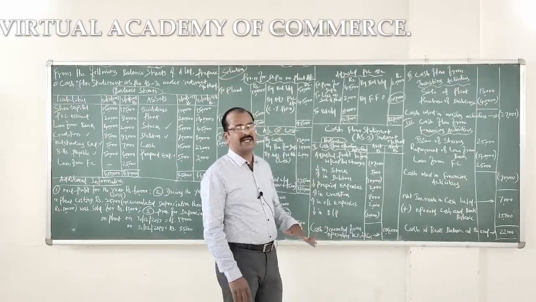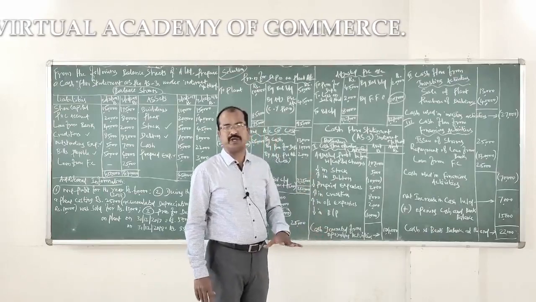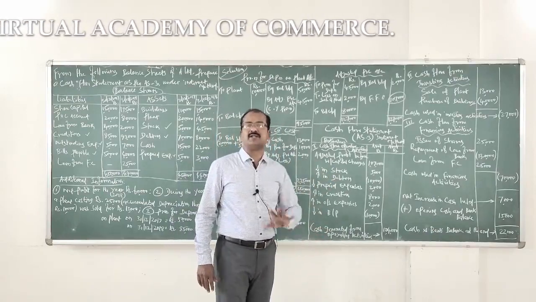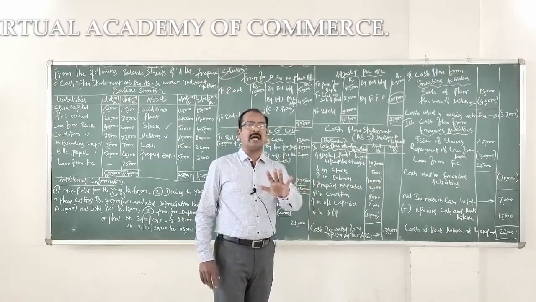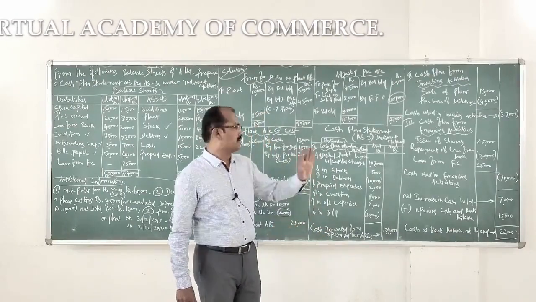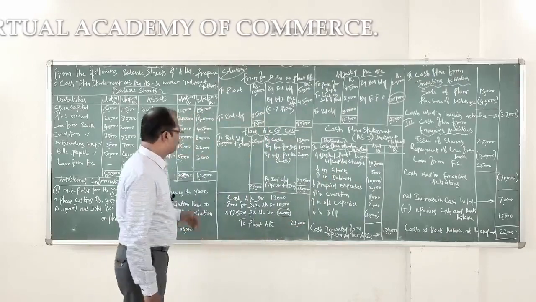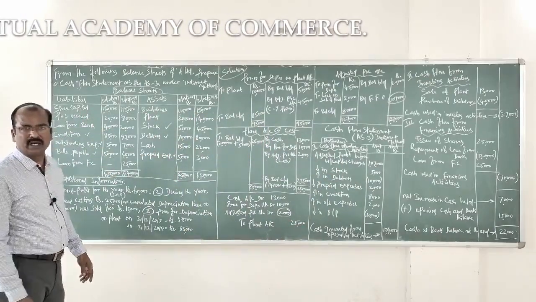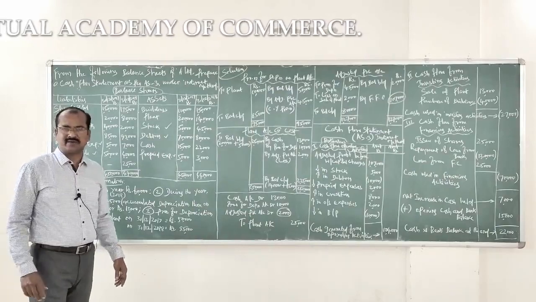Now, the third category of cash flows is named cash flows from financing activities, where we will be recording the changes in capital and non-current liabilities. Fine. With regard to share capital, the opening value was 1,50,000, the closing is 1,75,000.